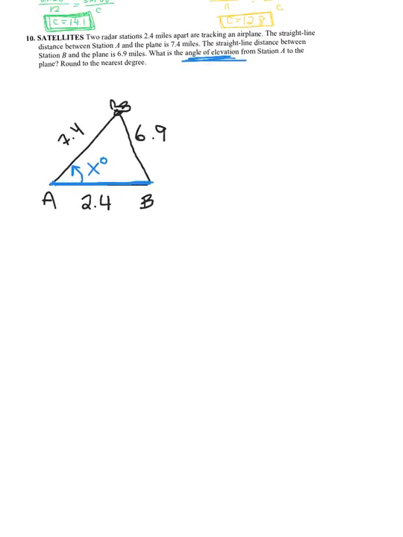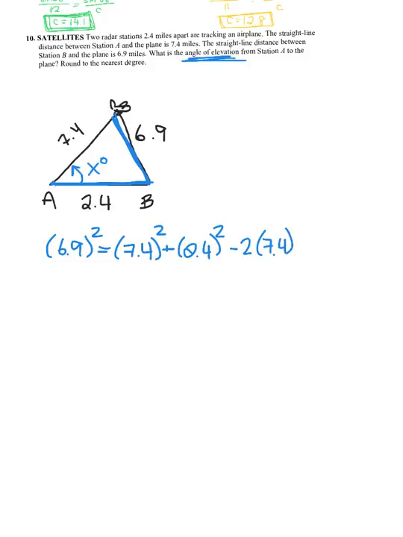All right, and since that's the angle I'm looking for, I'm going to use this side opposite to start off. So 6.9 squared is equal to 7.4 squared plus 2.4 squared minus 2 times 7.4 times 2.4 times cosine of x.